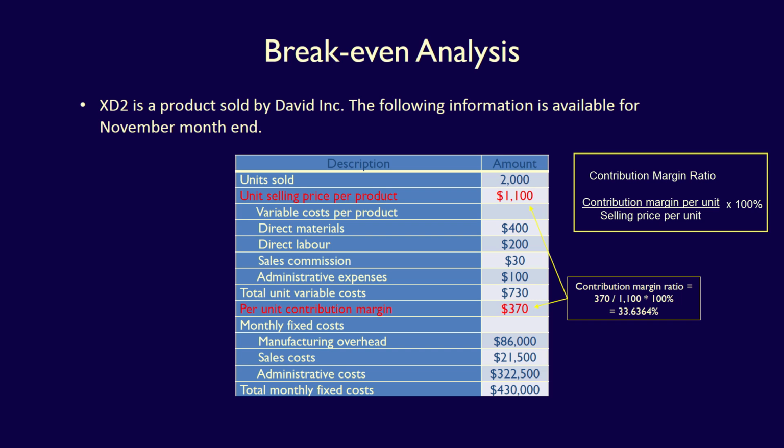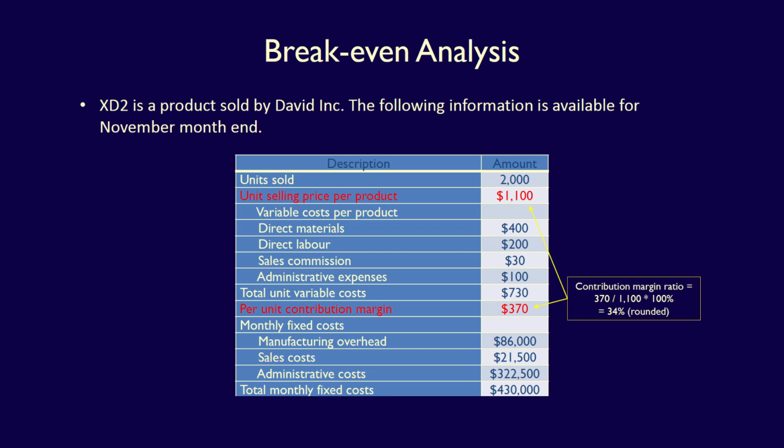We can now use that to calculate the contribution margin ratio. $370 divided by $1,100 multiplied by 100% is equal to 33.6364%. If we round that, we see that the contribution margin ratio is equal to 34%. Note that we could have also rounded to 2 decimal places, in which case we would have used 33.64%.